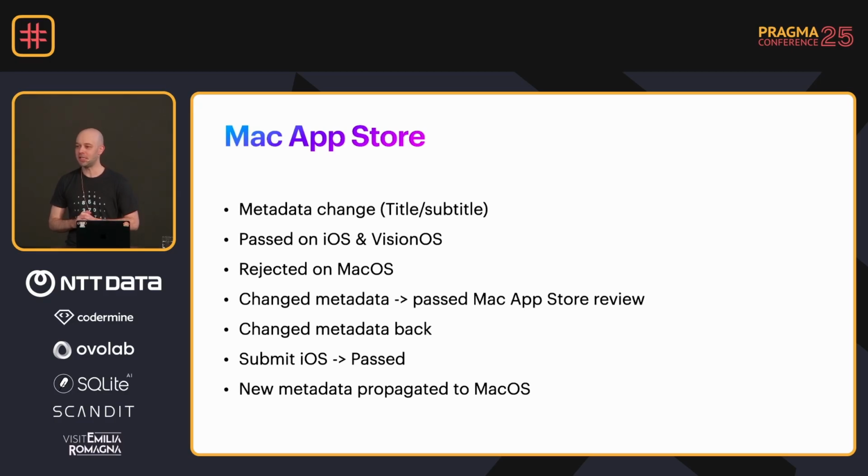So please change the name, don't name any other apps in your subtitle, resubmit, and you will pass review. And so I did that. I changed the name, I resubmitted, and the review passed.